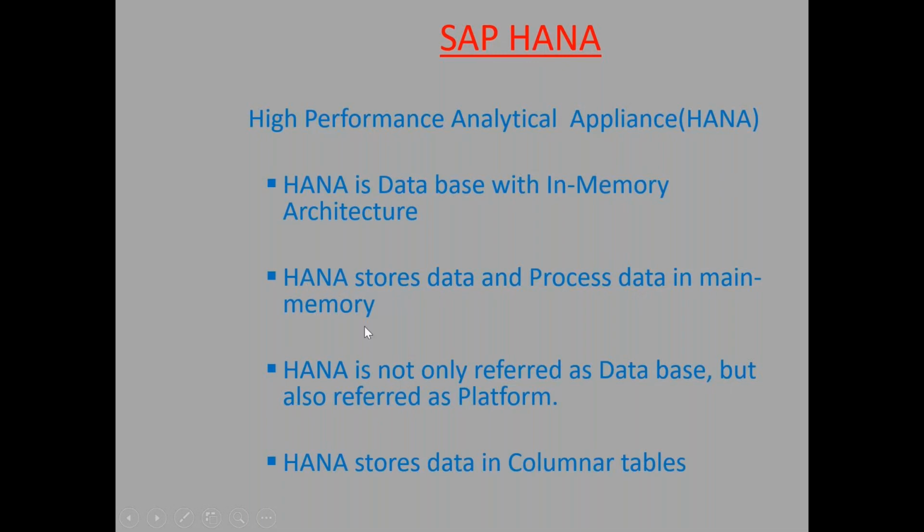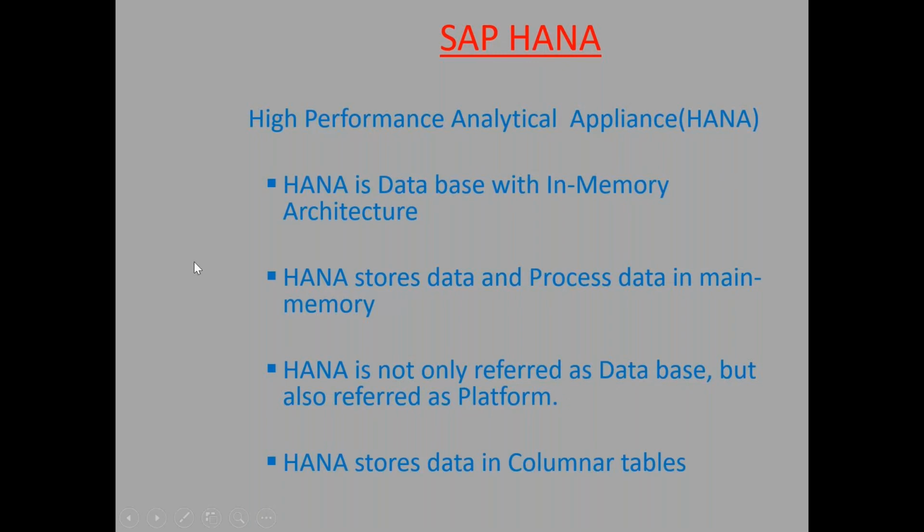As of now, we generally call HANA a database, right? But HANA is not only referred to as a database, but also as a platform. When you say platform, it has its own application server where you can develop your applications and deploy on top of it.